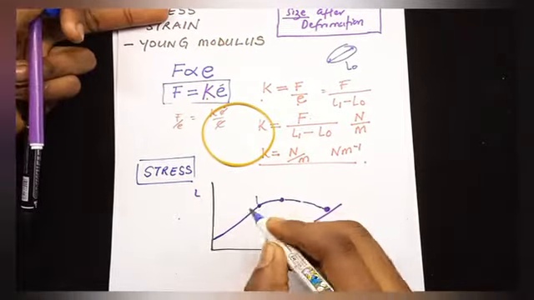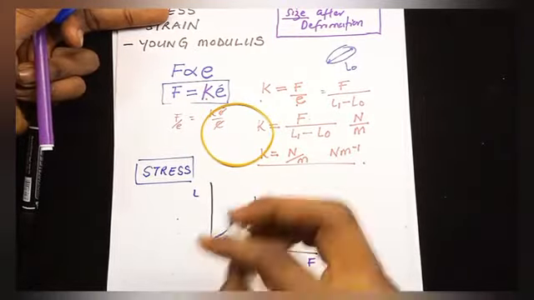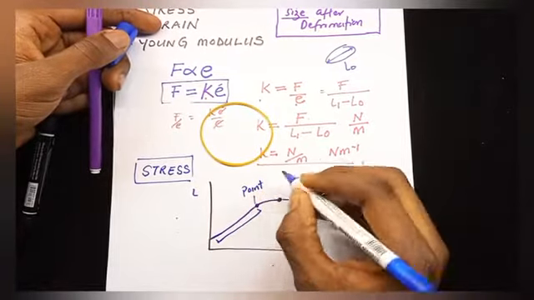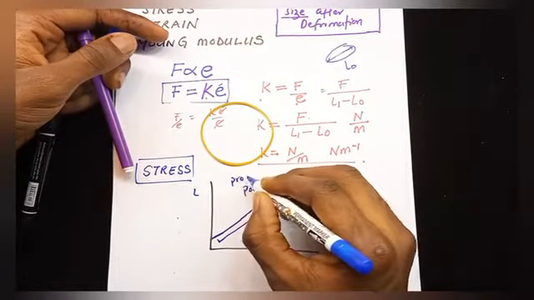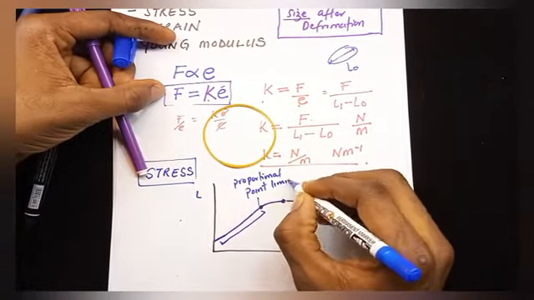At this point where it is still obeying a proportional law, I call this the proportionality limit.